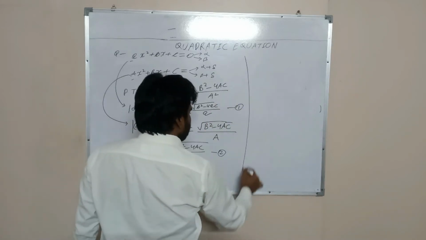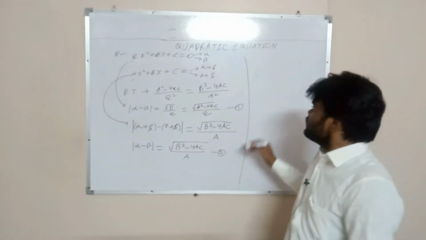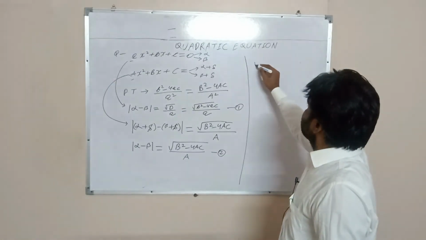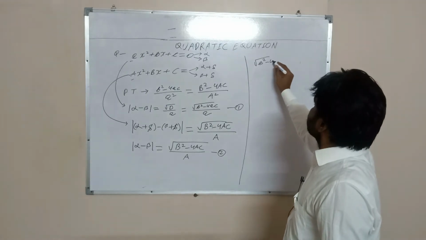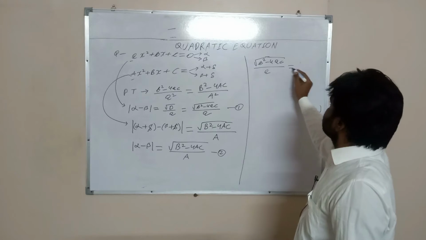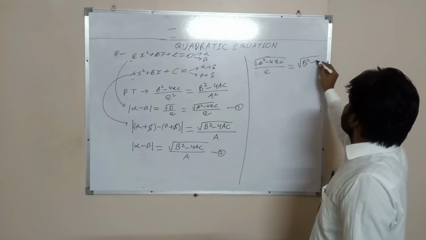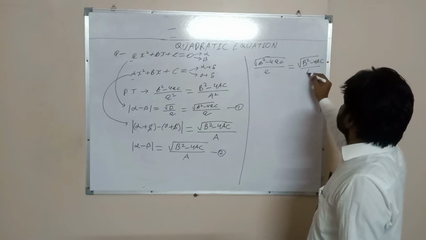Now when we equate both 1 and 2, we see root under b square minus 4ac divided by a is equal to square root of b square minus 4ac upon a.